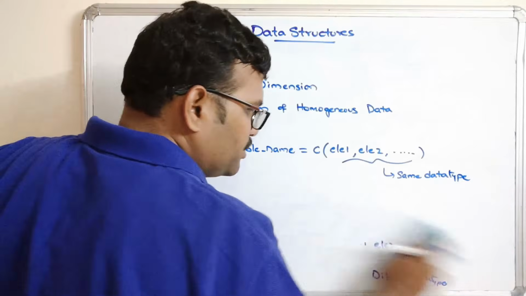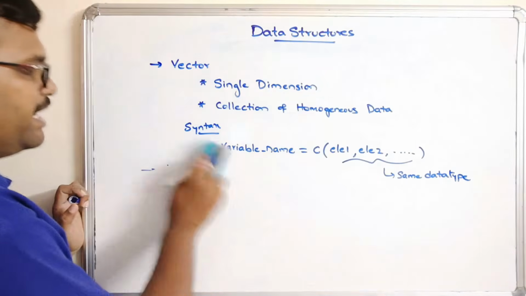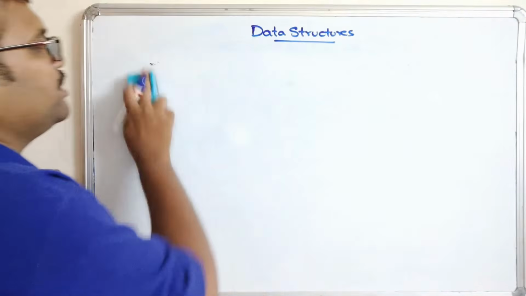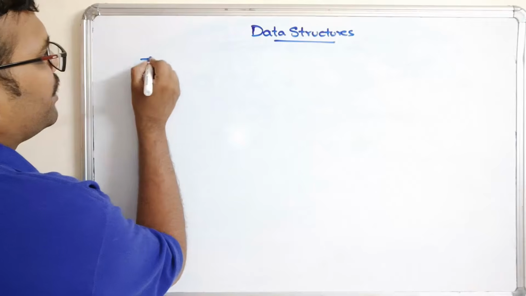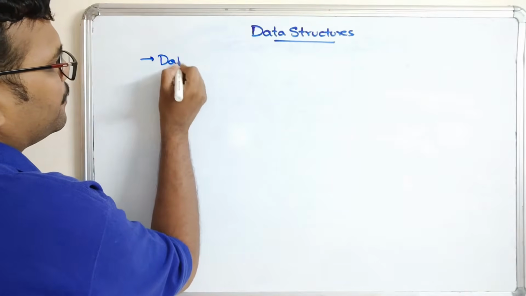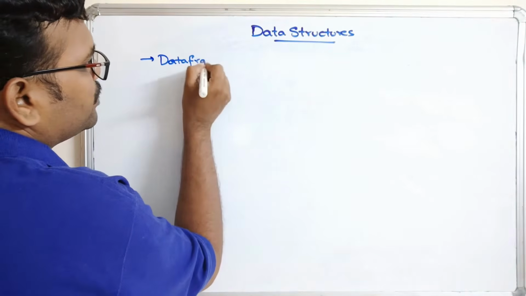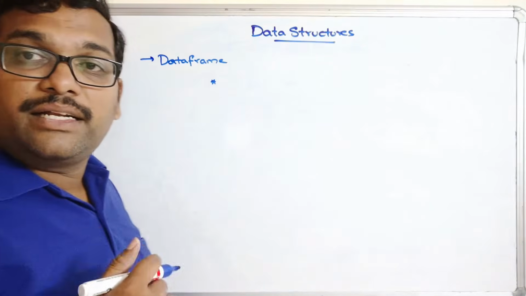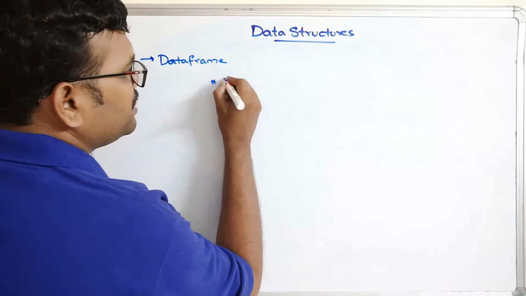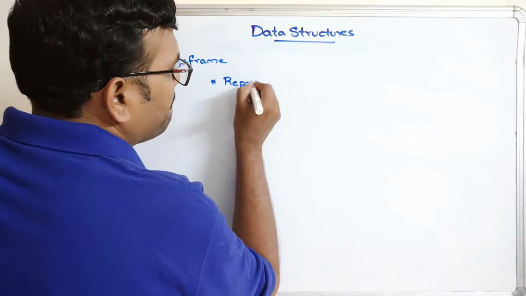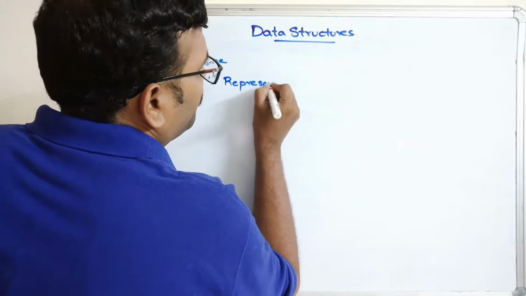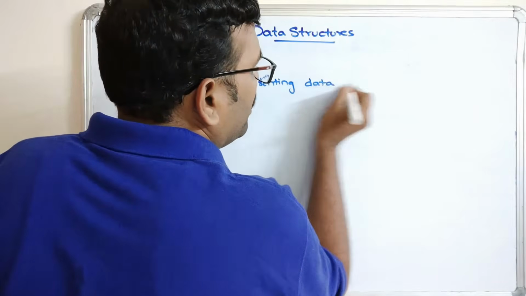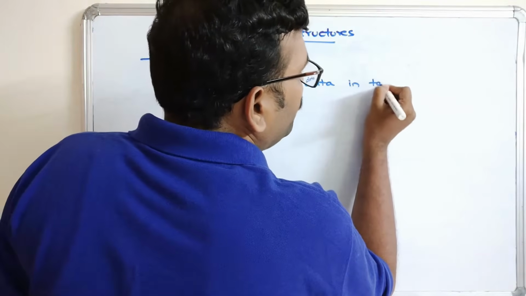Then the third data structure is a data frame. A data frame is tabular data, representing data in tabular format.